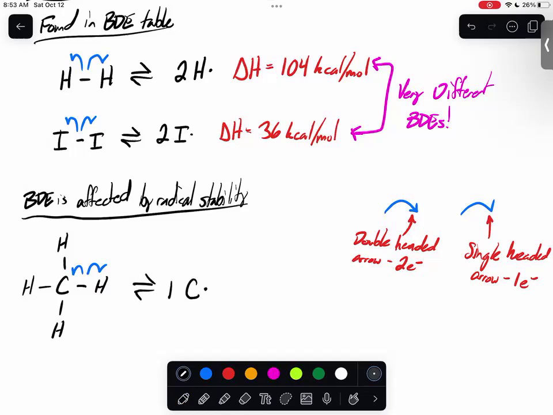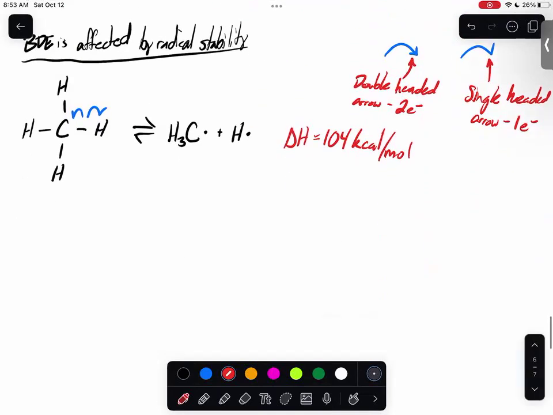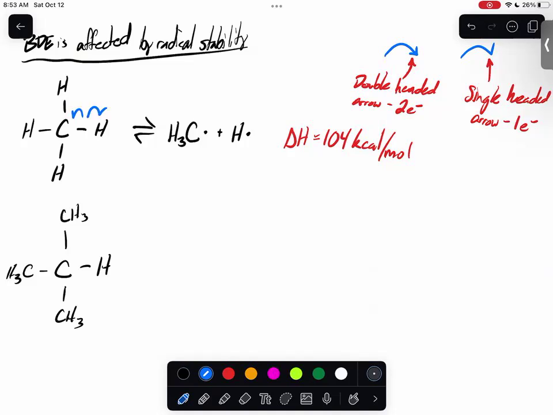So looking at two examples of a BDE, right? The first one would be something like methane splitting. So this is carbon and hydrogen radicals. The delta H for this is actually also equal to 104 kilocalories per mole. But interestingly, if you just change what is attached to that carbon to, instead of being hydrogens, they're all methyl groups, and you're still breaking this CH bond, what you'll see is that the BDE for this is very different.